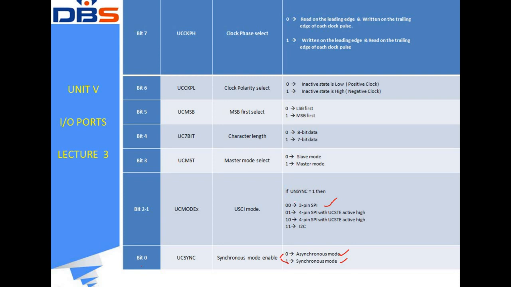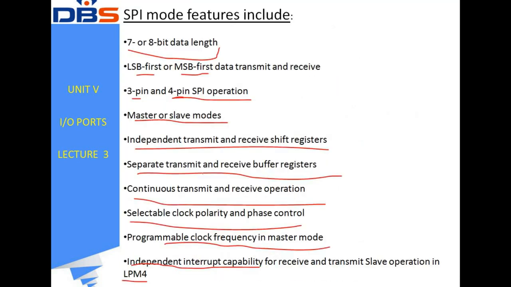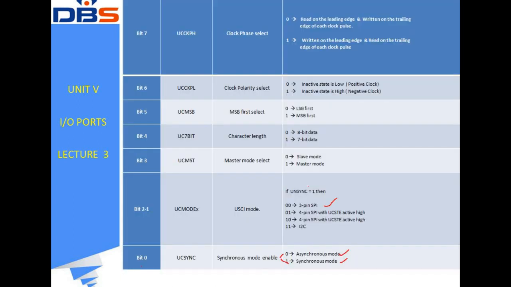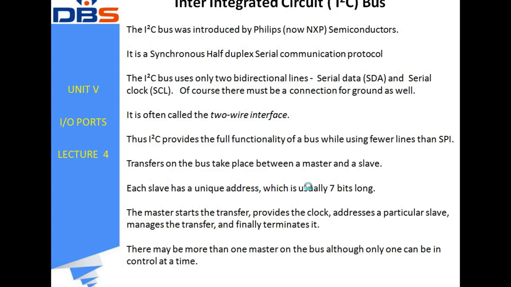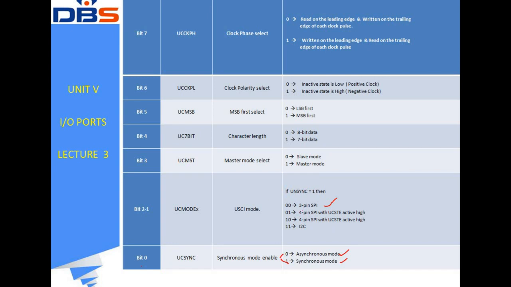As I have told you, it is a 3-pin or 4-pin operation. So if the bit value is 00, then this SPI operates in 3-pin mode. If it is 01, then SPI operates with active high, and if it is 10, it is also active high, and if it is 11, it is the I2C inter-integrated circuit format.